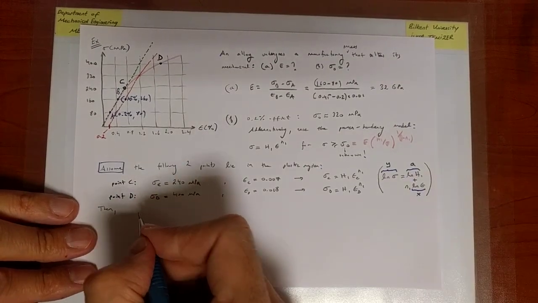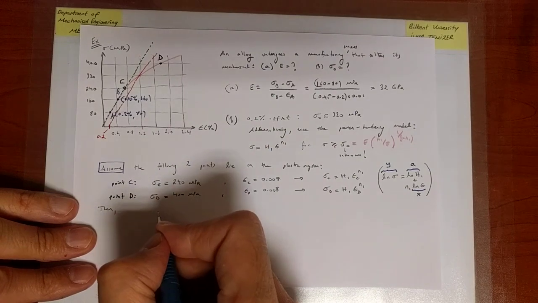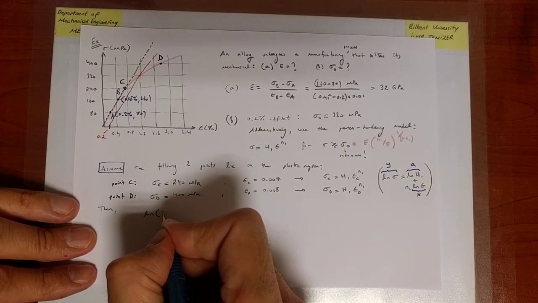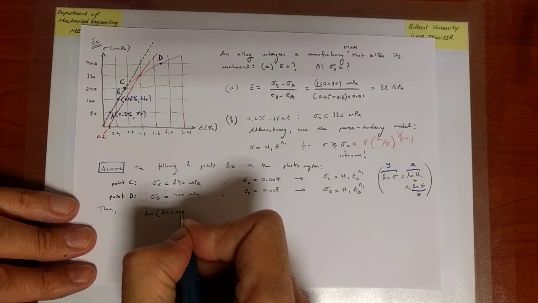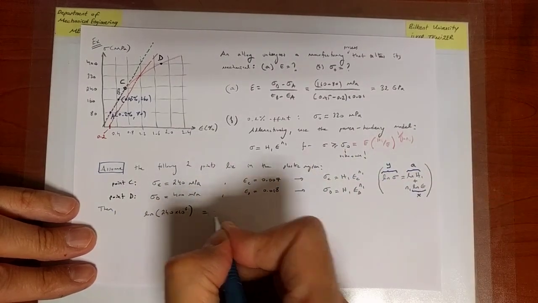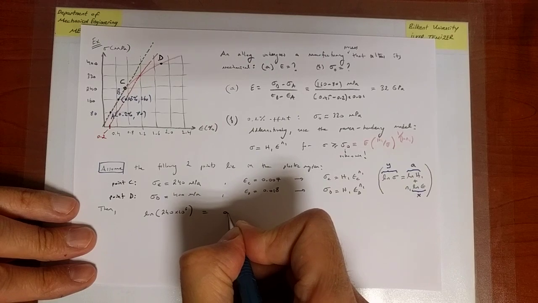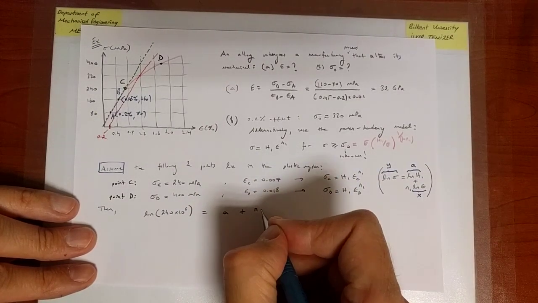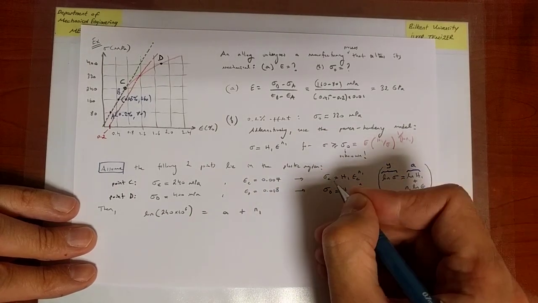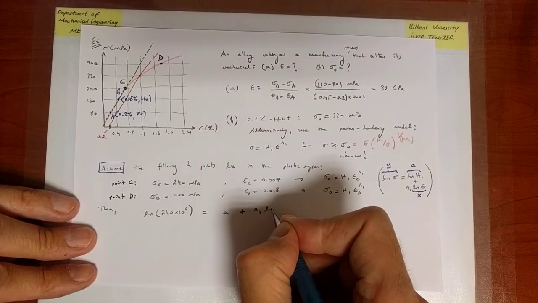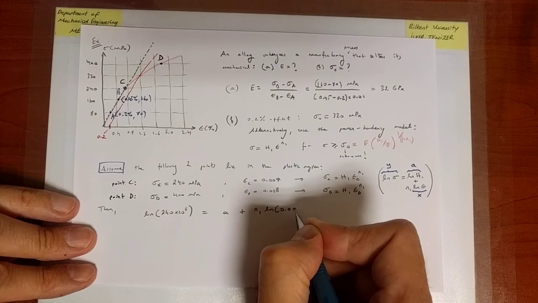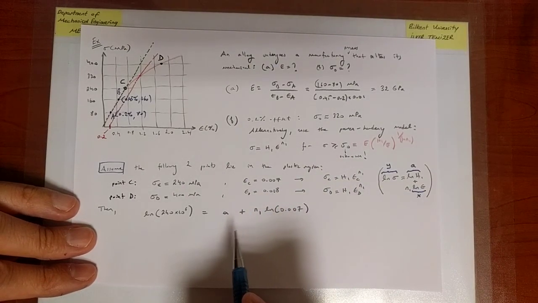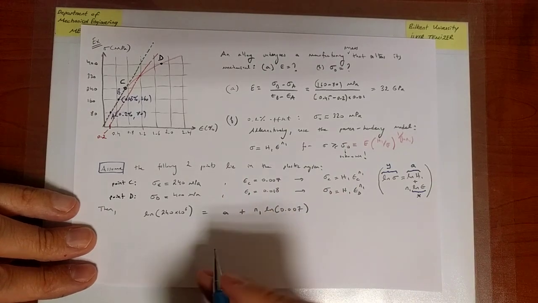So I'm going to talk about these relations in this form after taking their natural logarithm. Taking the natural logarithm of sigma c, which is 240 times 10 to the power 6: ln sigma c is equal to ln H1, which is a, as I defined it just for the purpose of this example, plus N1 times ln of epsilon c, in absolute value, not percentage form, so 0.007.